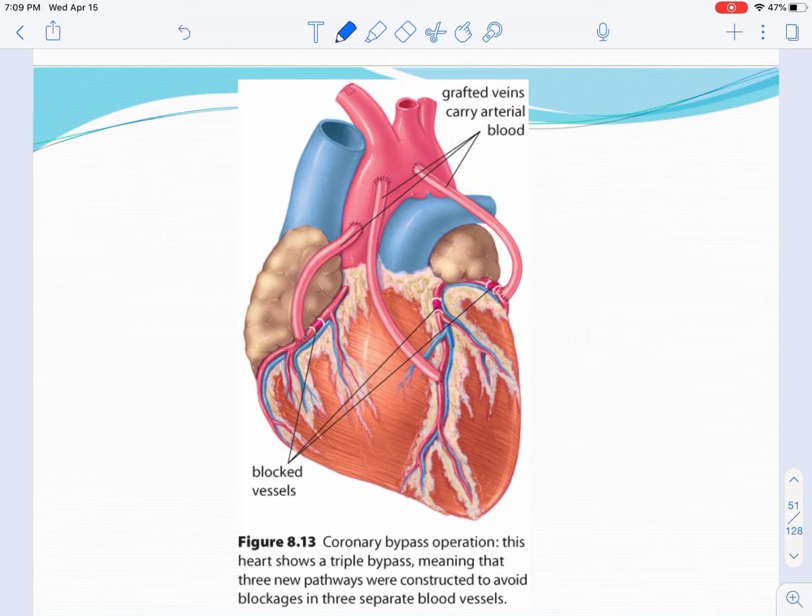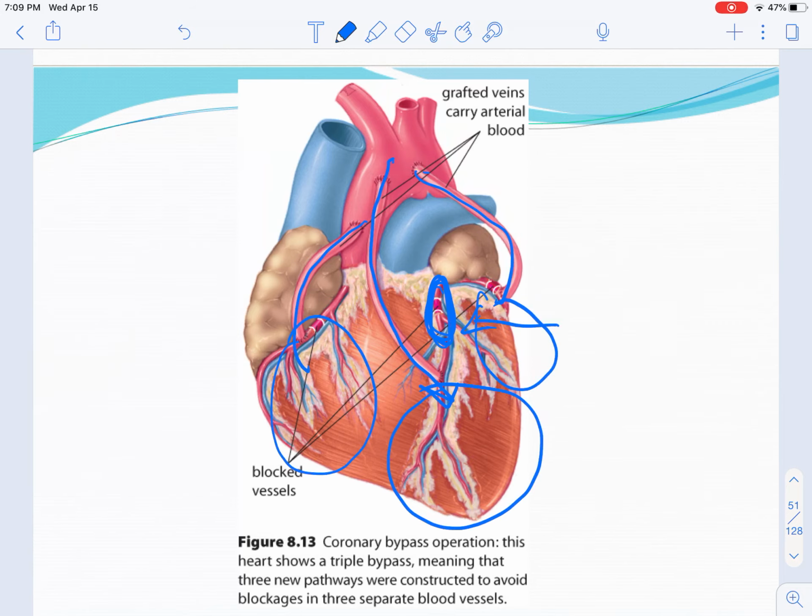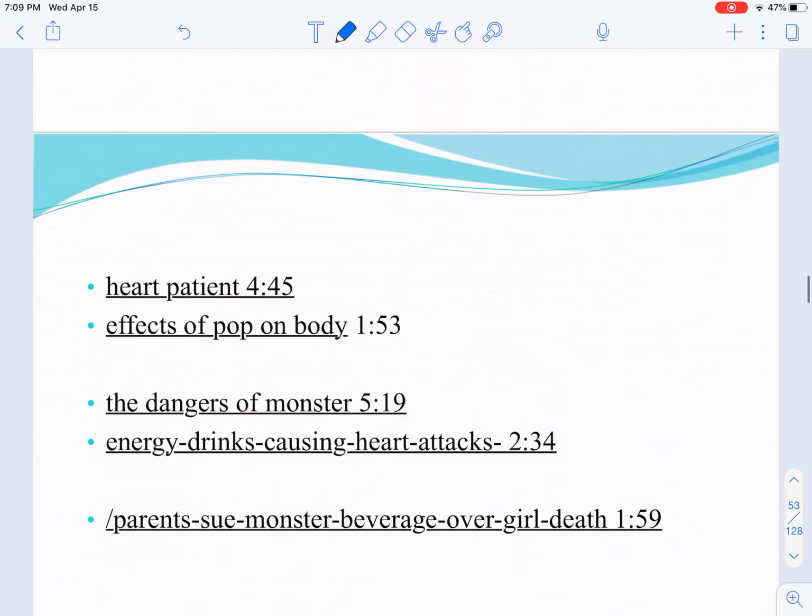So sometimes these are taken from legs, and they can say, well, if we've got a blockage here and the blood can't go past that point, they would take a vessel and graft it and be able to, from the aorta, send the blood to this area of the heart that isn't getting blood because of that blockage. So in this case, this person got 1, 2, 3 grafted vessels that are feeding the lower parts of the heart. So that's what that is.